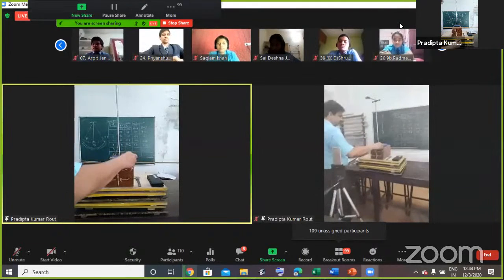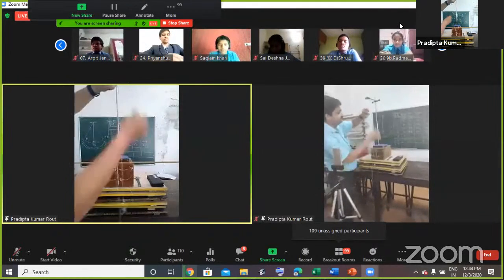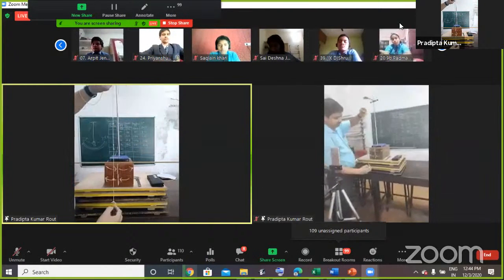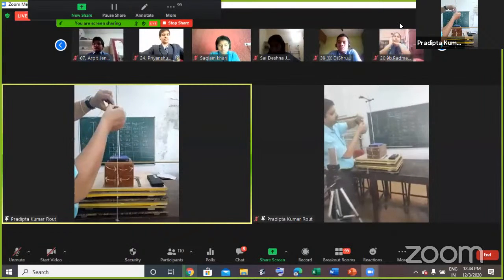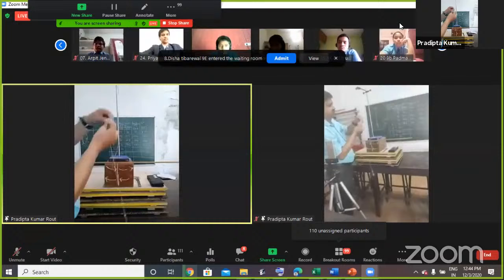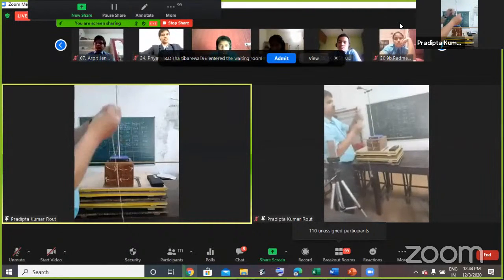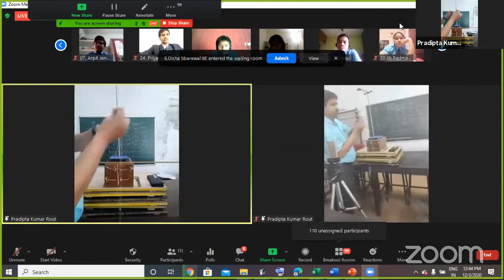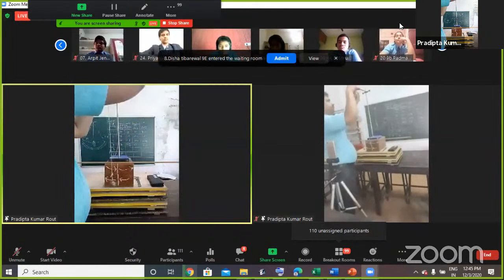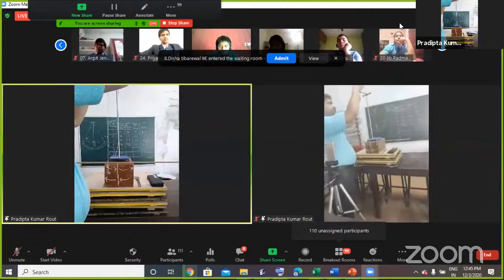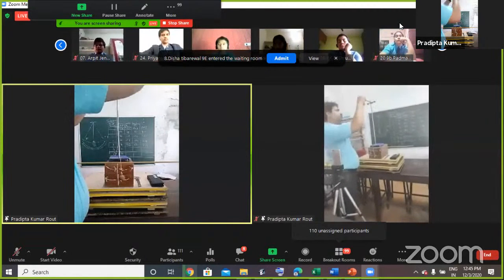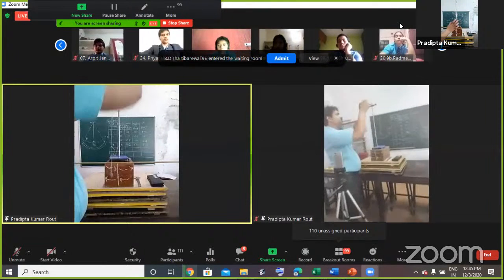So children, this length which I am now holding in my hand, from here to here, is 58 plus 2 centimeters, so total 60. So this is now rigidly fixed.